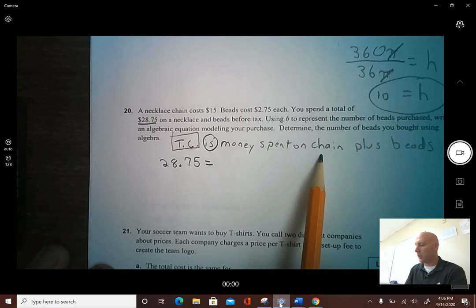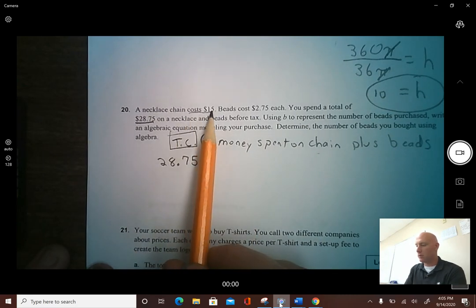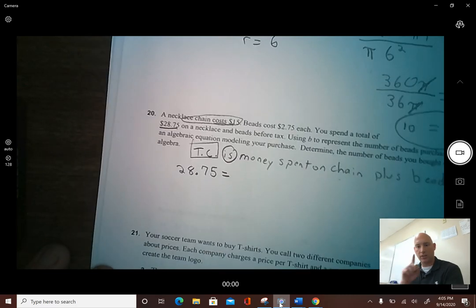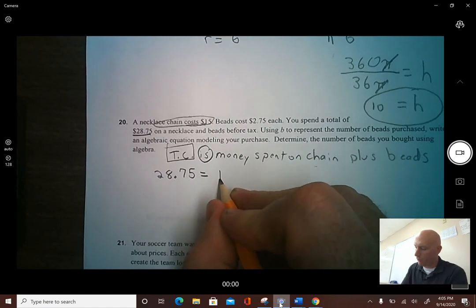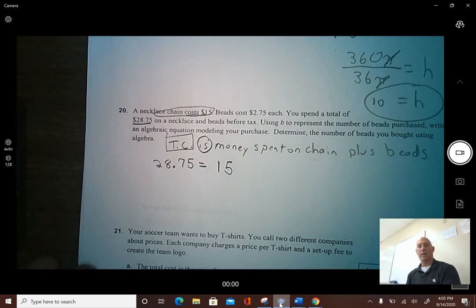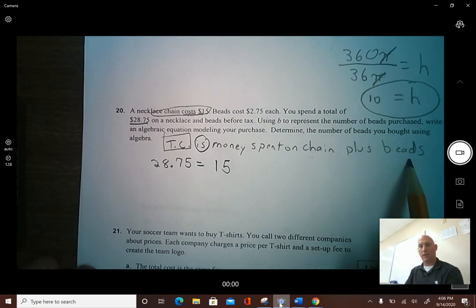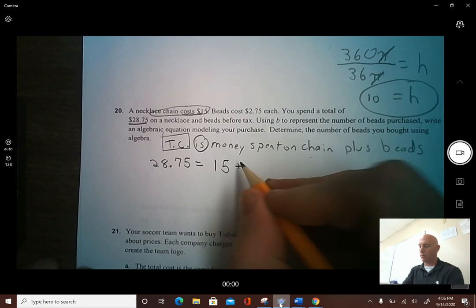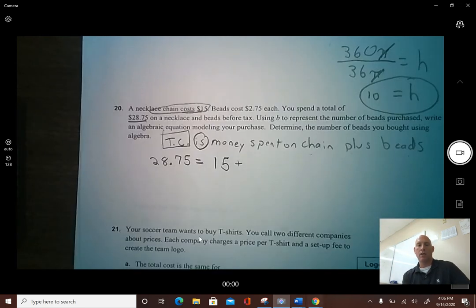Money spent on chain. Well, they told me the chain was 15. And that's just a one-time payment. So we're at 15 there. Now, didn't we also buy beads? So it's 15 plus however much we spend on beads. Now be careful. It's $2.75 each, not just $2.75.